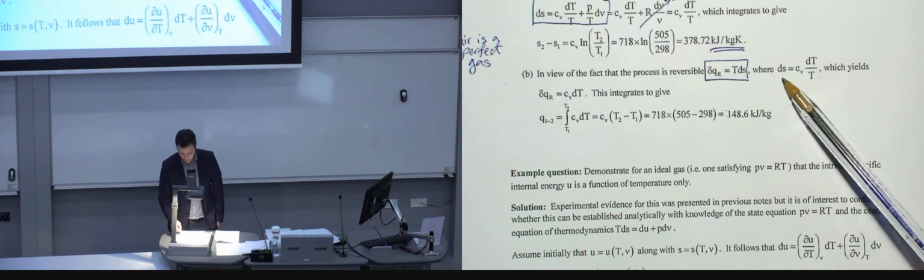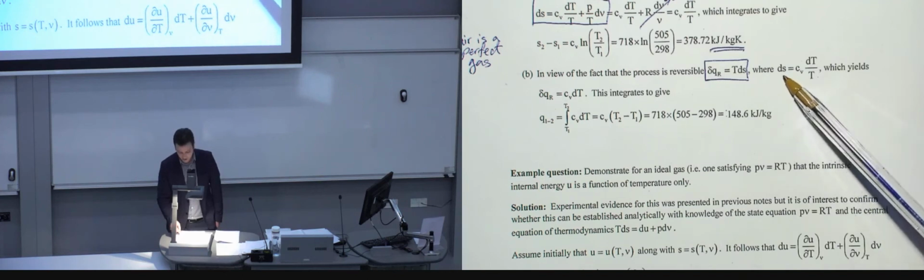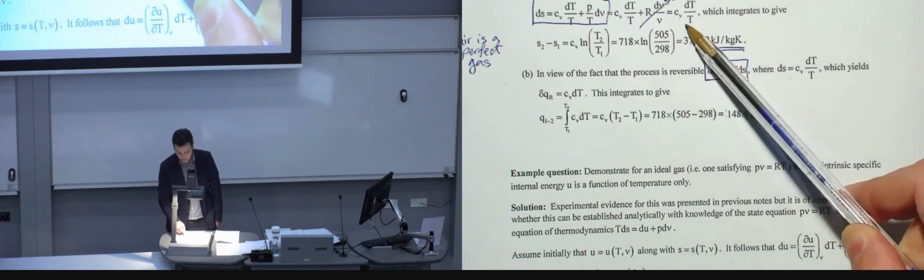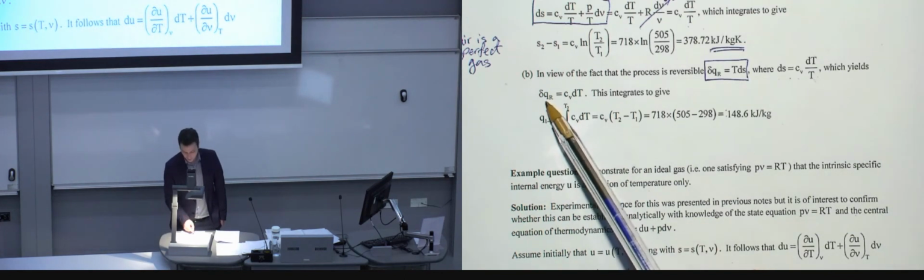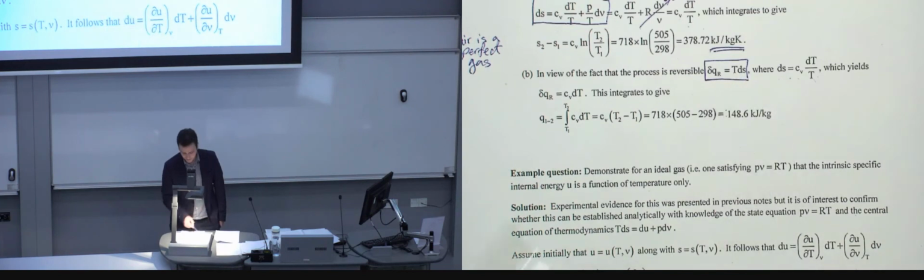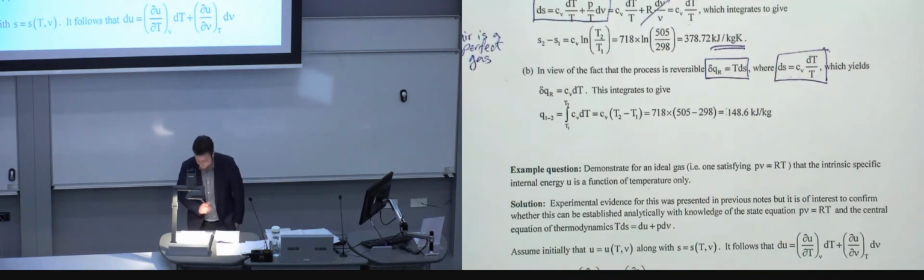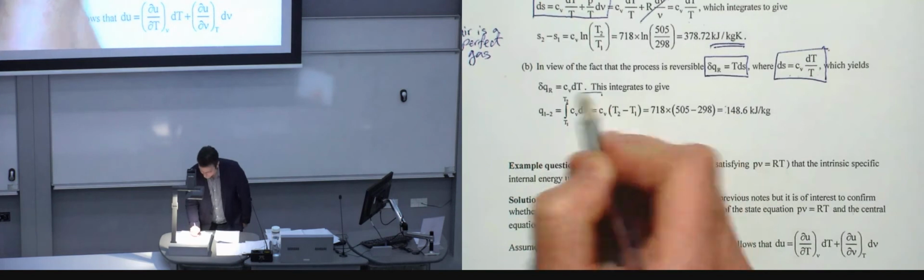So we had the relationship already from here, dS equals Cv dT over T. Now we also have this relationship for TdS, and combining these two equations, you end up with this equation here.